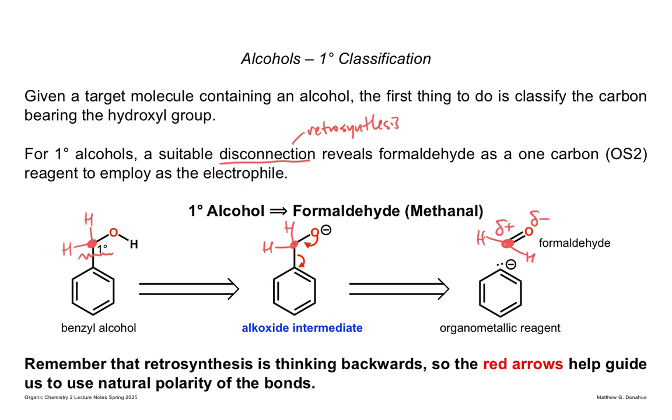And so the organometallic reagent we would use is this sp2 hybridized carbanion. So this, again, this type of arrow means retrosynthesis. That's our blueprint for the plan of work we want to do. Then in the forward direction, we would make the organometallic, we would quench it with formaldehyde, and then in the workup, we would adjust the pH.